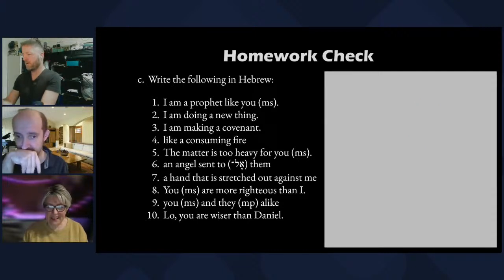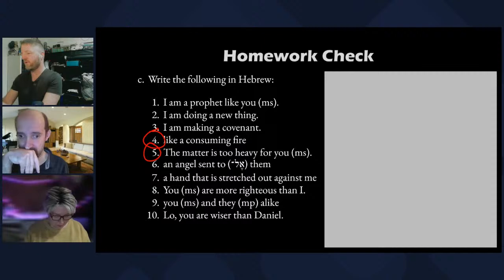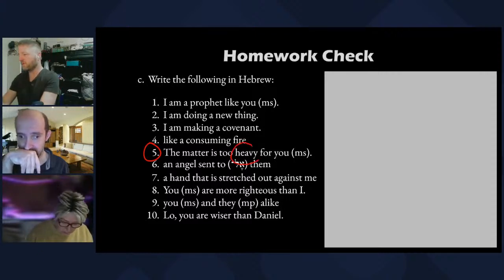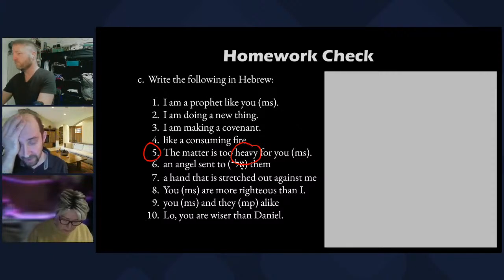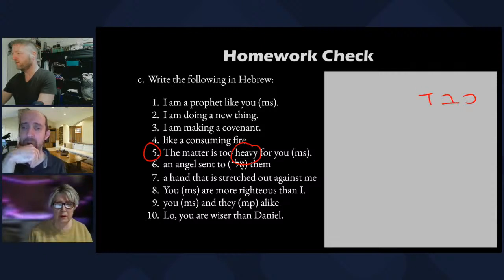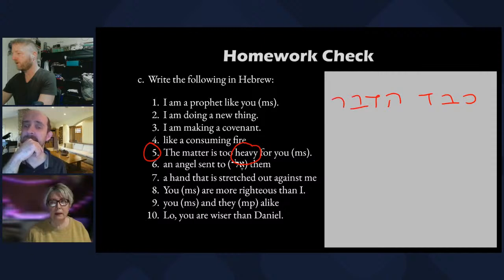Okay. Number 4. No, we did 4. 5. The matter is too heavy for you. Masculine singular. The matter is the הדבר, right? קשה מאוד. Not kasha, not kashe, not difficult, but heavy. Kaved. כבד. Okay. What's too heavy? Kaved hadavar.